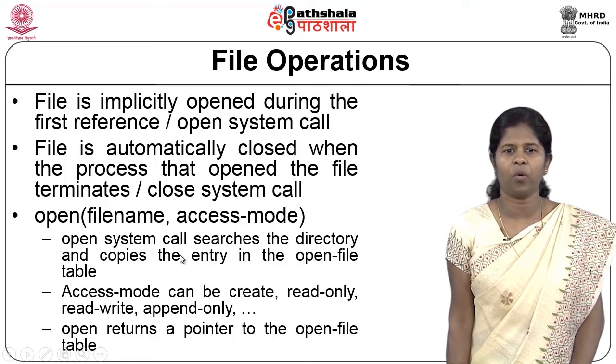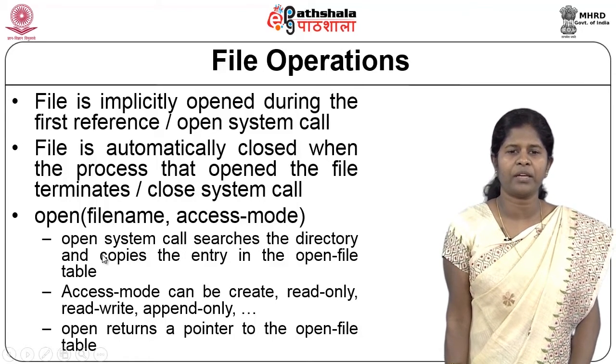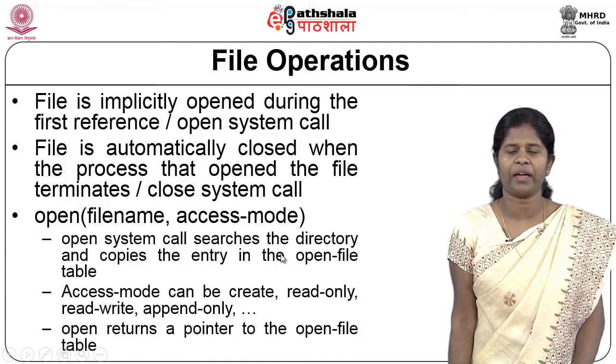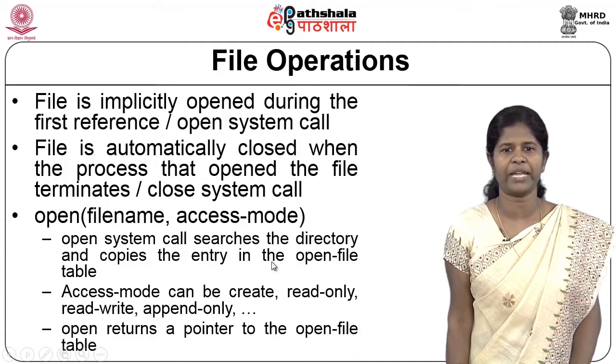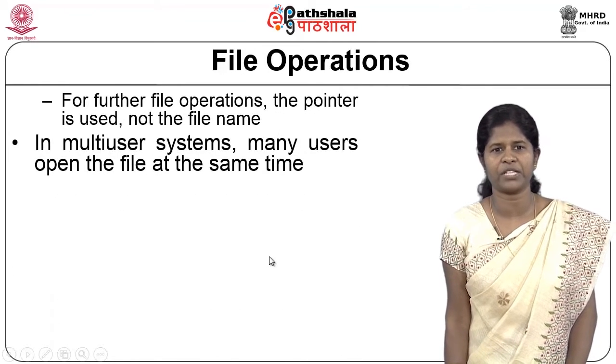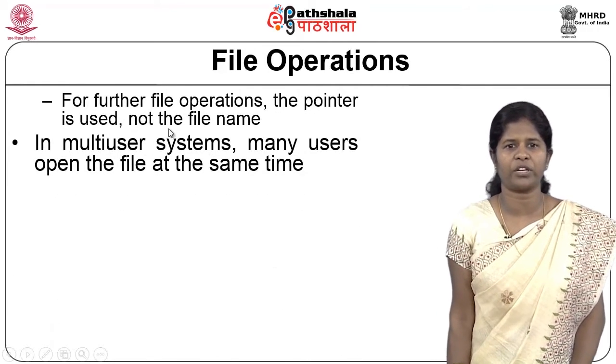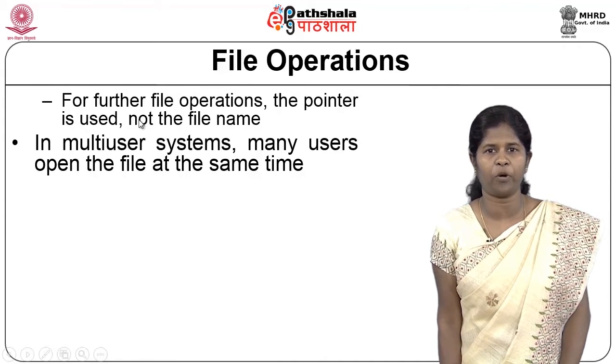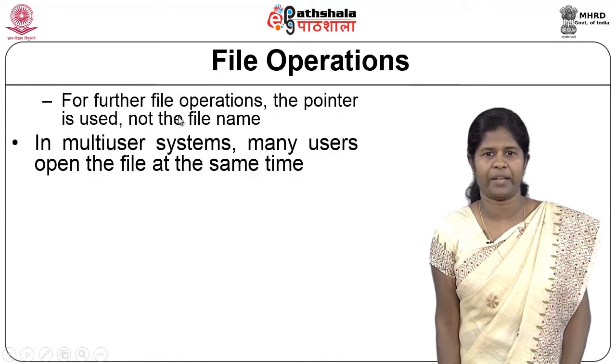The open will generally return a pointer to this entry in the open file table that has been created. For further file operations, only the open file pointer is used and not the file name.